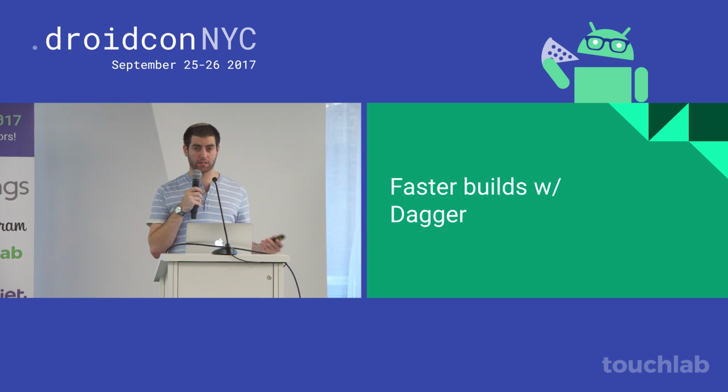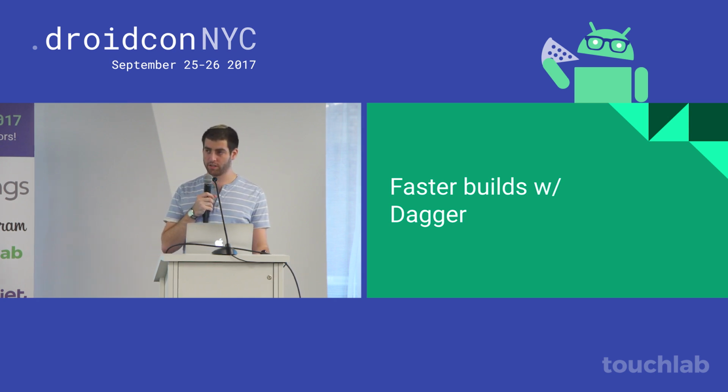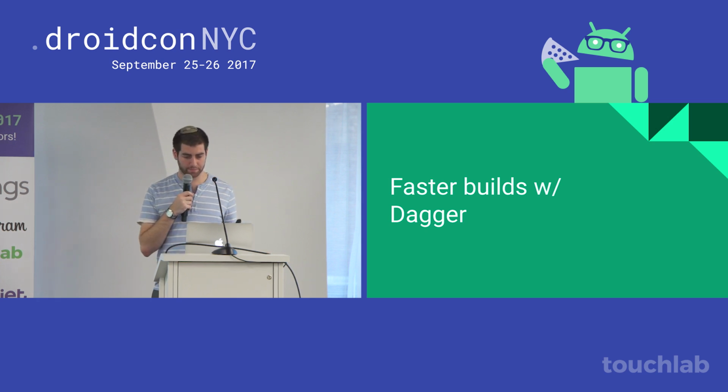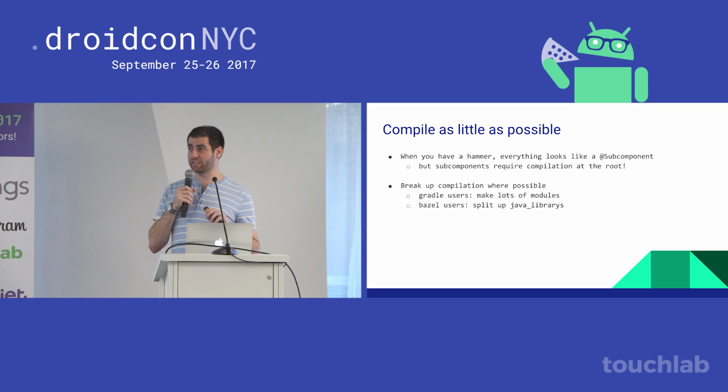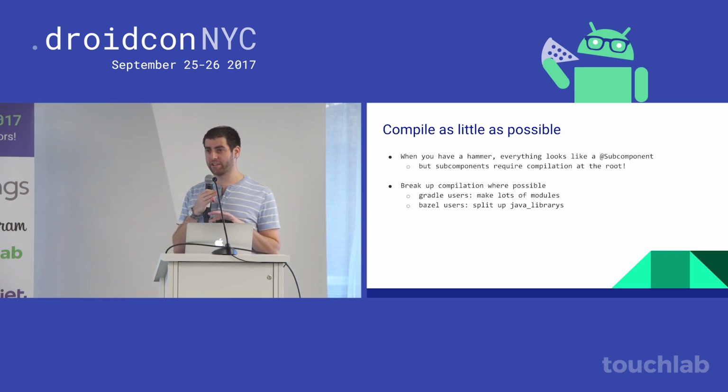So lastly, let's look into building faster with Dagger, because I know all of you want Dagger to be infinitesimally small when you build in Java-C. So the key here is compile as little as possible, right? Dagger is a very intensive annotation processor. There isn't much we can do to get around this.